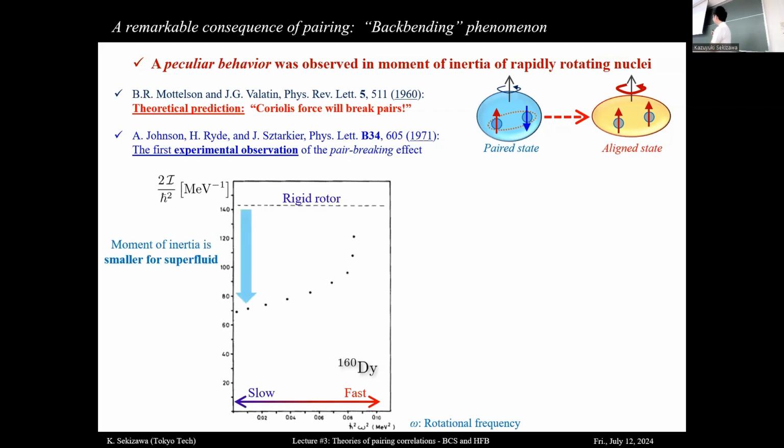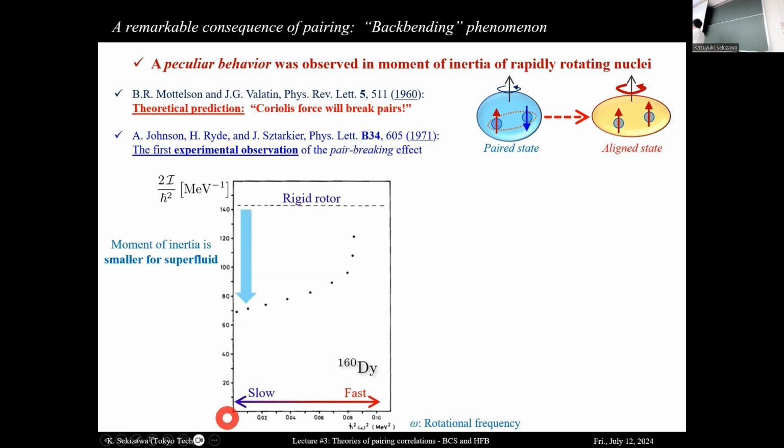Now, in the case of slow rotation, as you can see clearly, the moment of inertia is substantially lower than the rigid rotor value. This is because nucleons form Cooper pairs, so they are in the superfluid or superconducting state. Because of this Cooper pairing, the moment of inertia is reduced in this way.